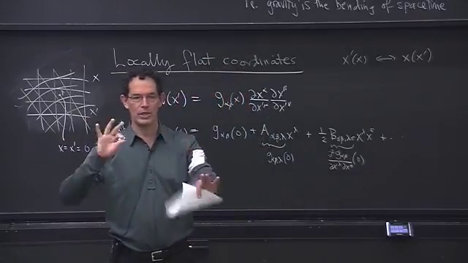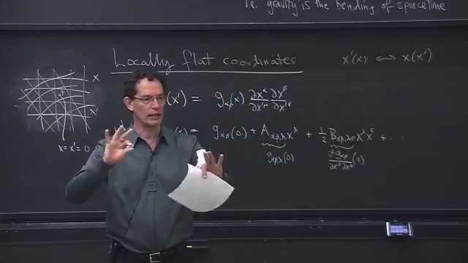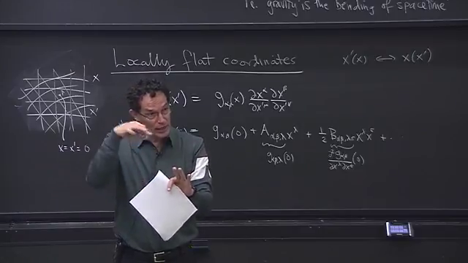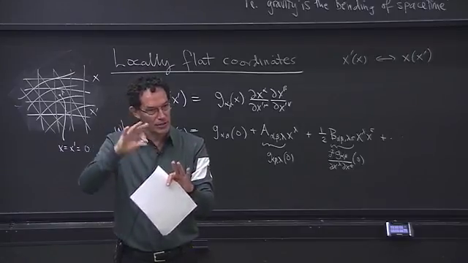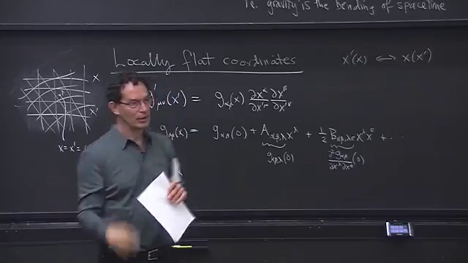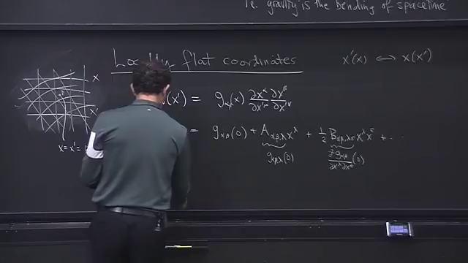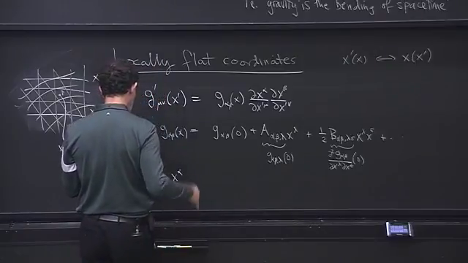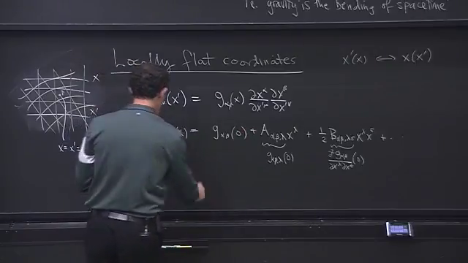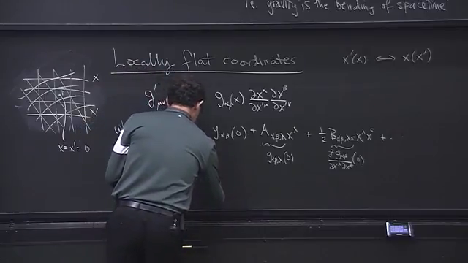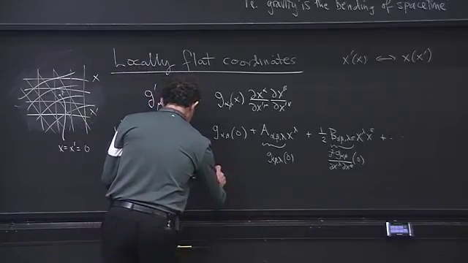You can map between these two coordinates. It should be 1 to 1, and basically the condition for it to be 1 to 1 locally is that the matrix dx prime dx should be invertible. That's the assumption. And we're going to choose our x prime. x can be any function of x prime which is locally invertible. 1 to 1 means invertible.